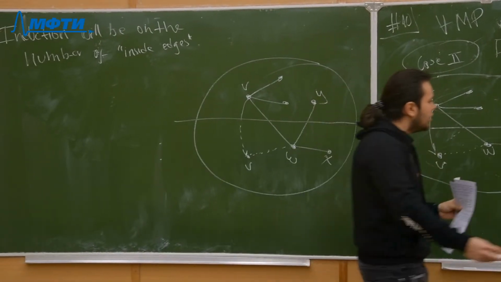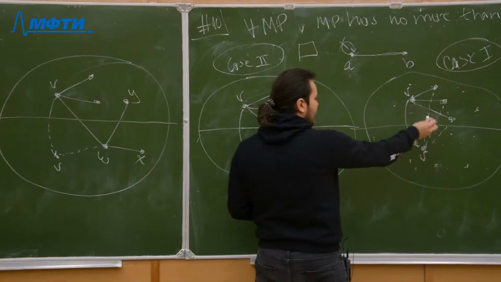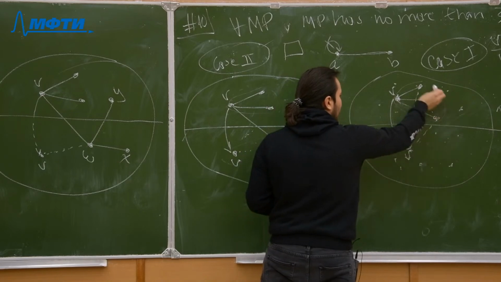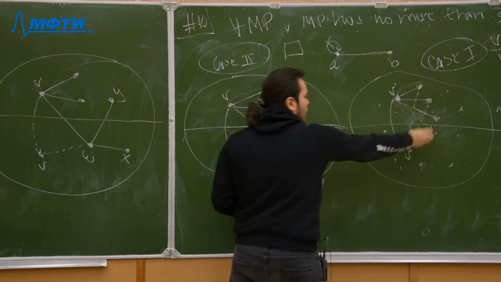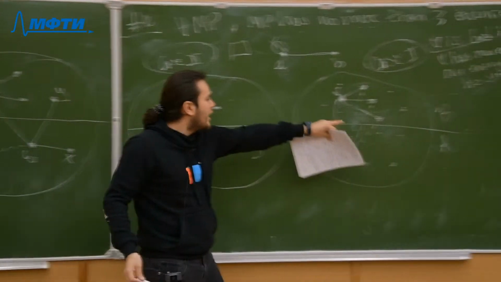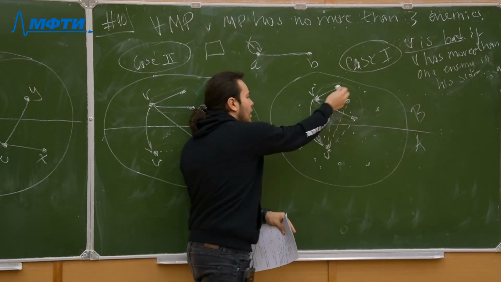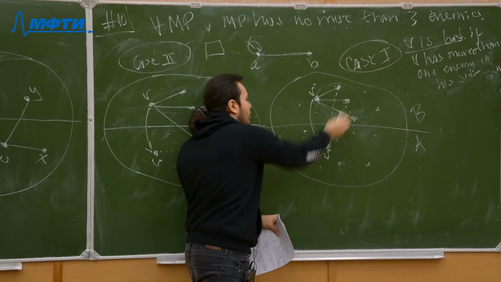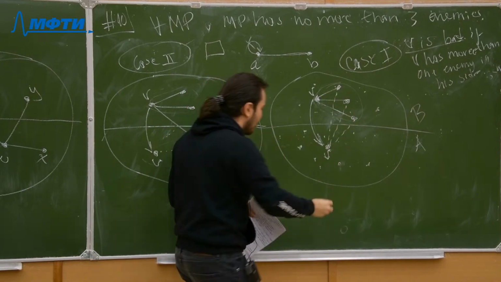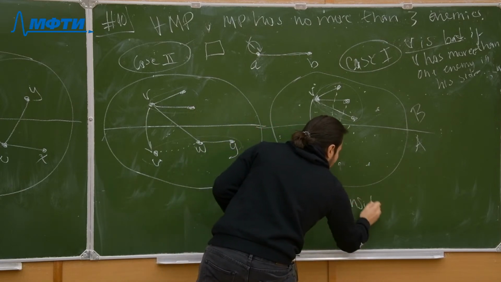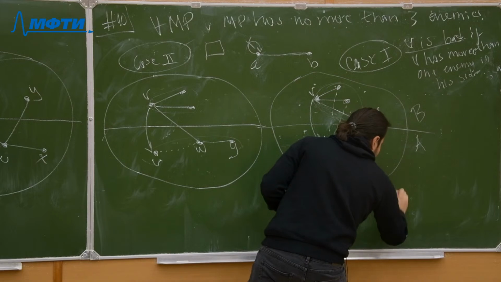How? Here, for example, how many inside edges do we have? We have 3 inside edges here, and then we have -3. So at the end we will have -3 inside edges, because all these inside edges become non-inside edges, right? So we have 3 here, -3 inside edges.